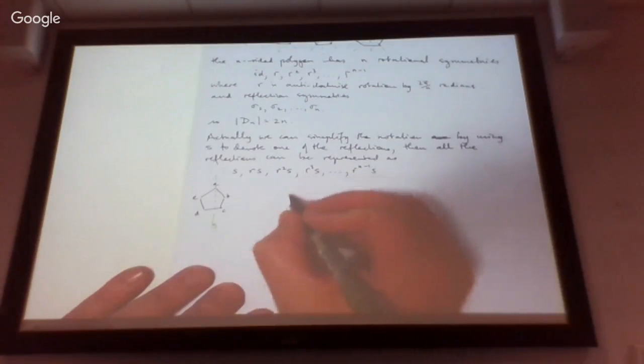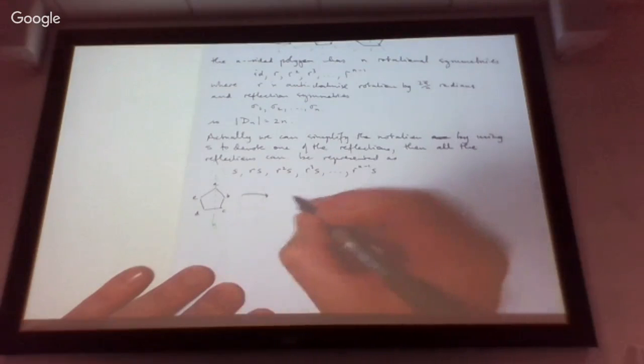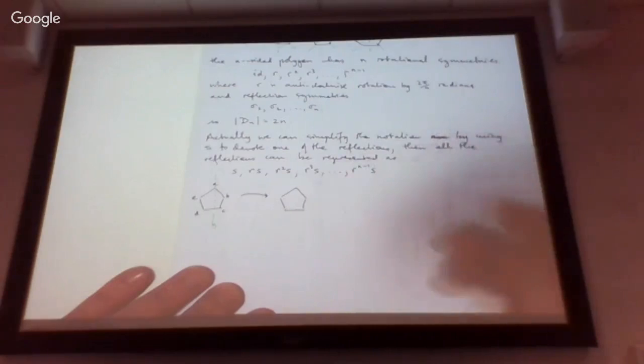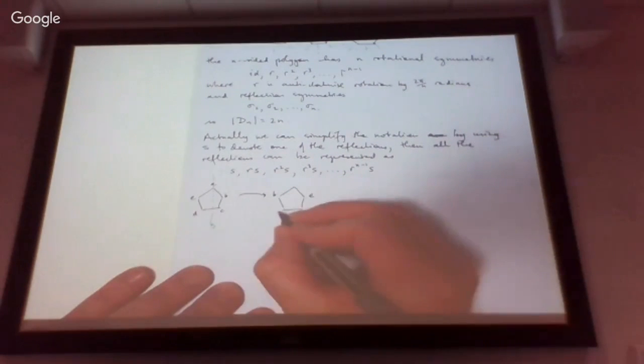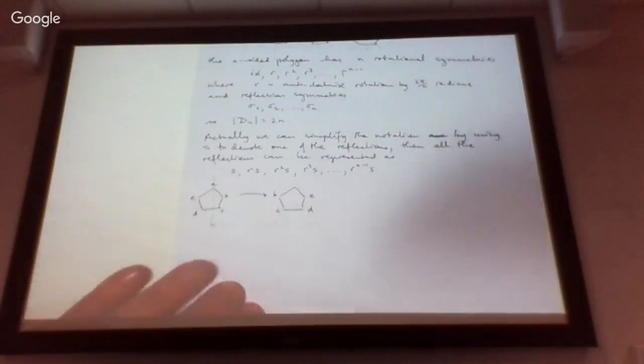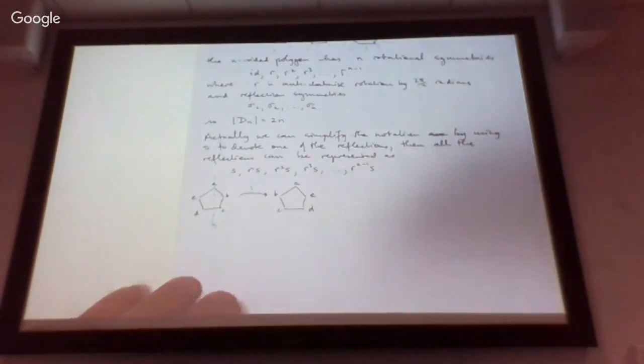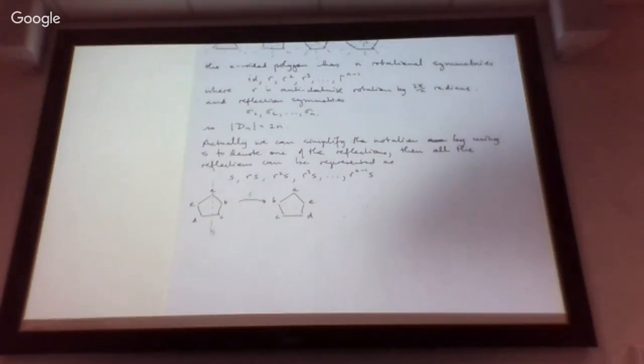If we did r squared after S, so let's perform S. So when we perform that reflection, still the same pentagon, but the labels have been swapped around slightly. So that's what you get by performing S. A is still fixed where it was, because that was on the reflection axis. And let's say then we do r squared.